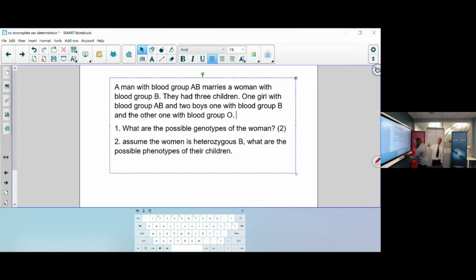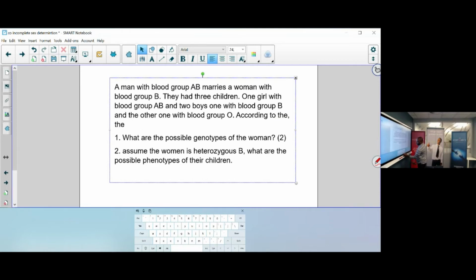Oh, here, according to the men, according to men, the two sons do not look like him.